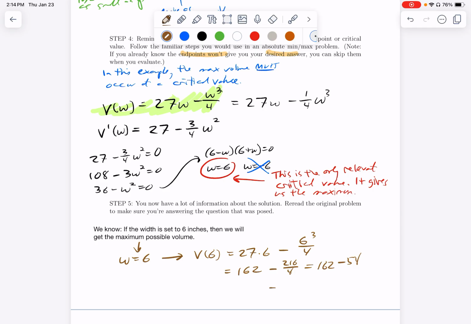And so what I get here is this is 108, and it's a volume, so that would be cubic inches. That the number 108 occurred earlier in the problem as an area is a coincidence. So this is the maximum possible volume.